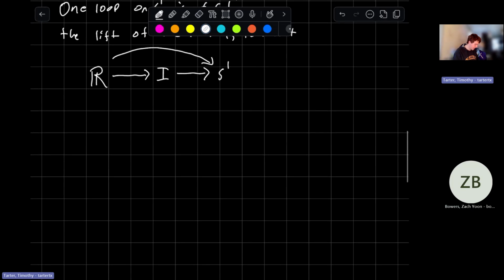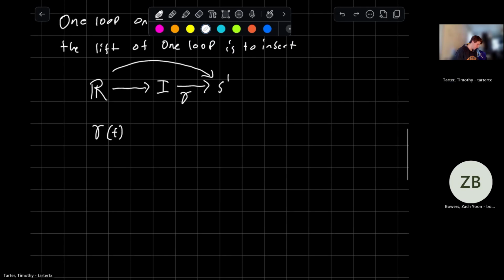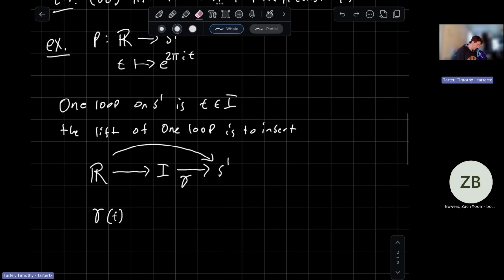Okay. And then the collection of each of these, if we call it gamma, where gamma of t is equal to, well, no, this would be p.